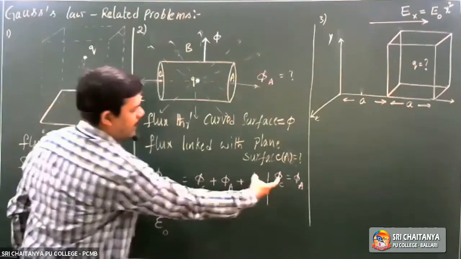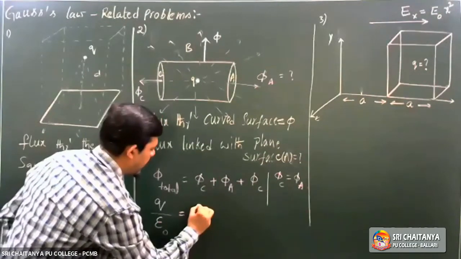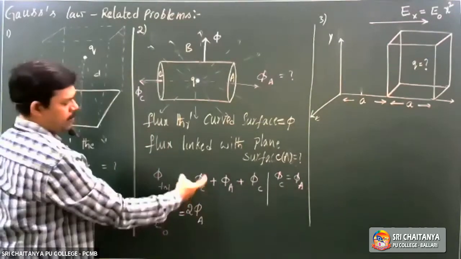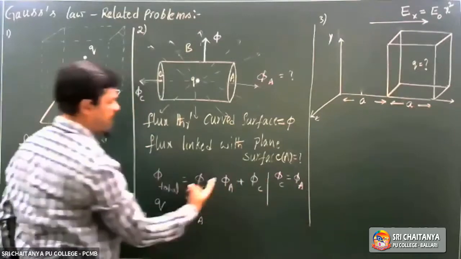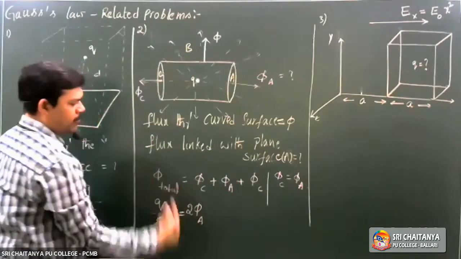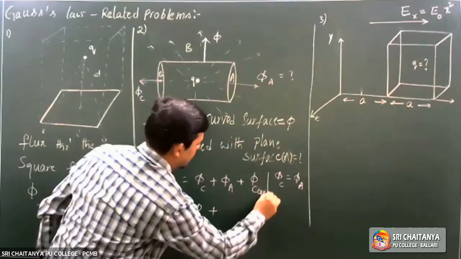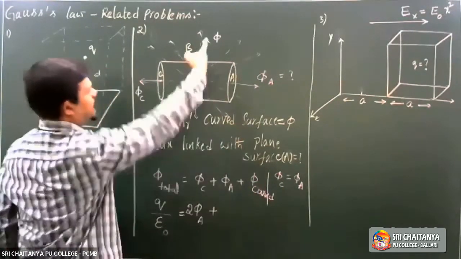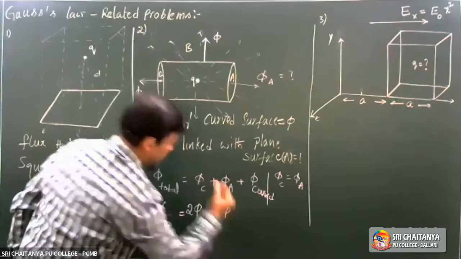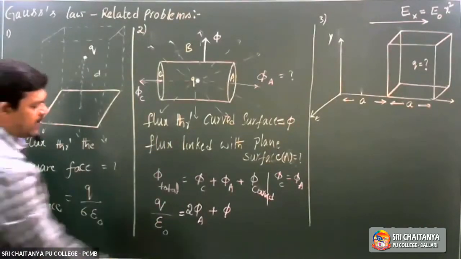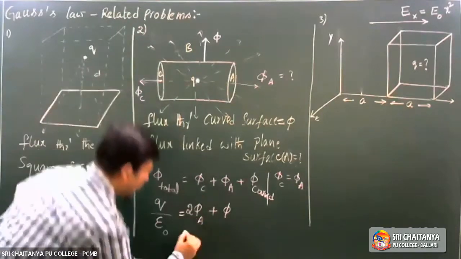Phi C and phi A, as they are equal, can I write it as 2 phi A plus the curved surface? For the curved surface, what is given? Phi. You are asked, what is phi A?